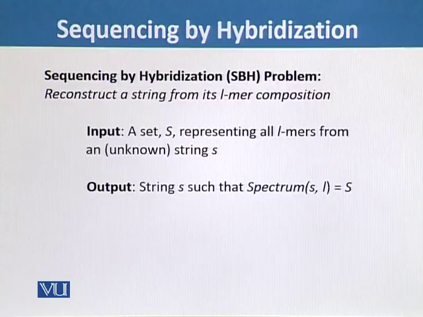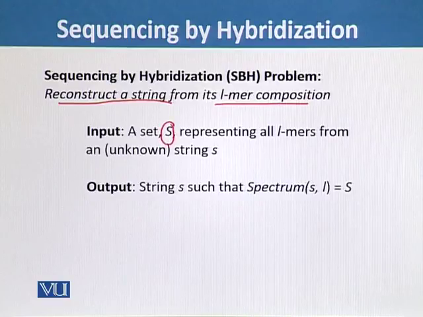For this, we have the problem statement that we have to reconstruct a string from its L-mer composition. As we have seen in the previous slide, we construct a string from its L-mer composition. The input to the algorithm will be a set S representing all the L-mers from an unknown string.